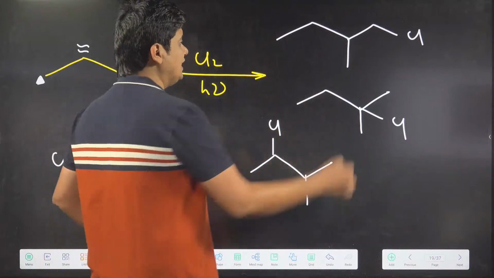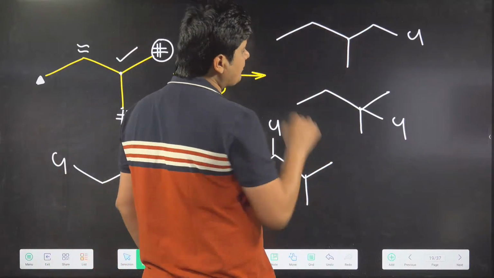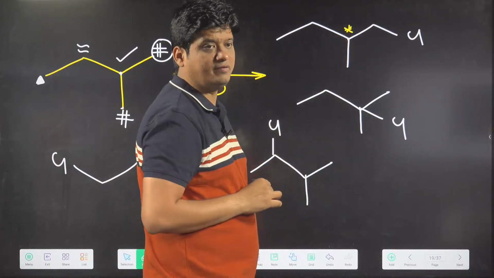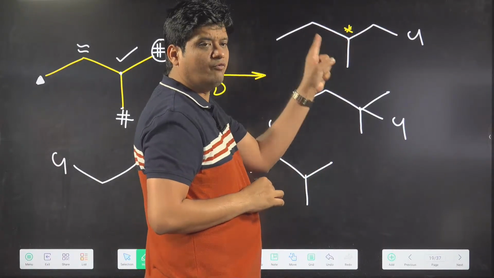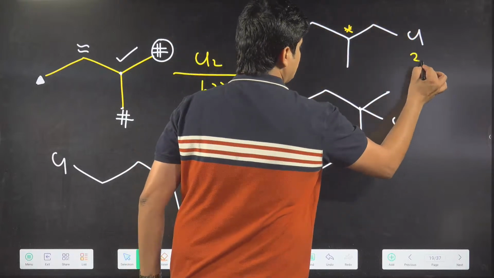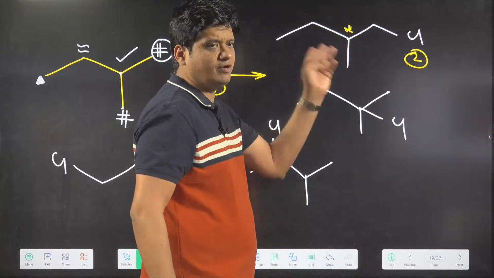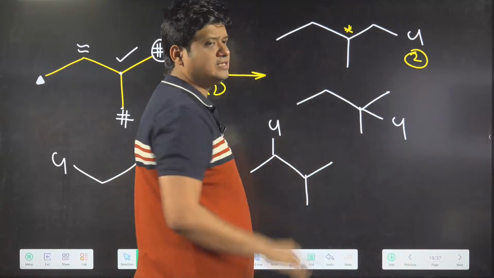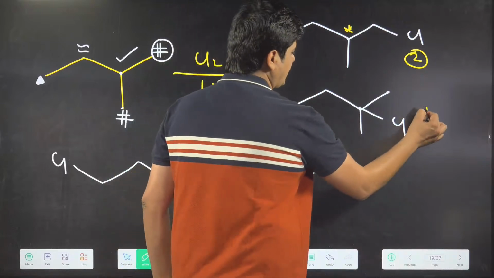For example, in this first case, is a chiral carbon there or not? Yes, it is there. Due to this chiral carbon, one more will be there, its mirror image. So for this, I will say 2 are there. In this case, nowhere is a chiral center present, so only one is possible.